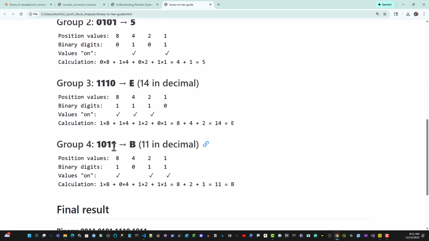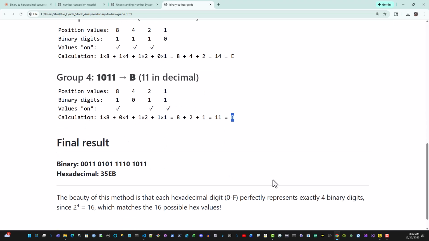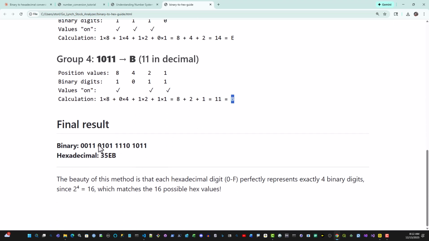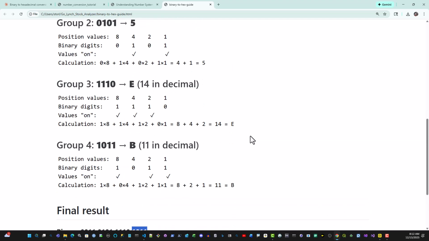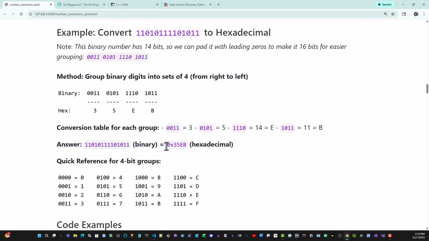And that one is 8 plus, not 4, but 8 plus 2 is 10, plus 1 is 11. And in hexadecimal, it's a B. So the final result, therefore, is going to be a 3, a 5, a 14, and a 11. So that's how you can think of this in terms of binary to hexadecimal. So that's this one here, and your prefix is 0x.